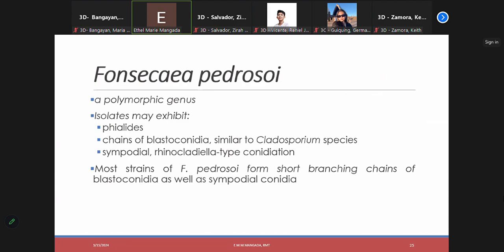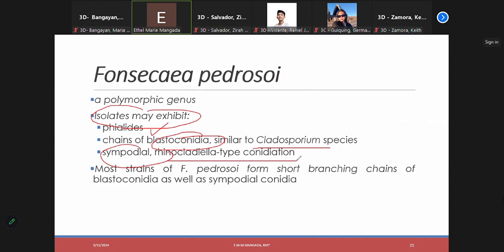So next we have your Fonsecaea pedrosoi. It's a polymorphic genus. So just like yung nauna kanina, ano yung makikita natin sa mga isolates ng pedrosoi? There are also phialides, flask shape, okay? Conidiophore. Meron siyang chains of blastoconidia just like your Cladosporium, and sympodial rhinocladiella type conidiation.